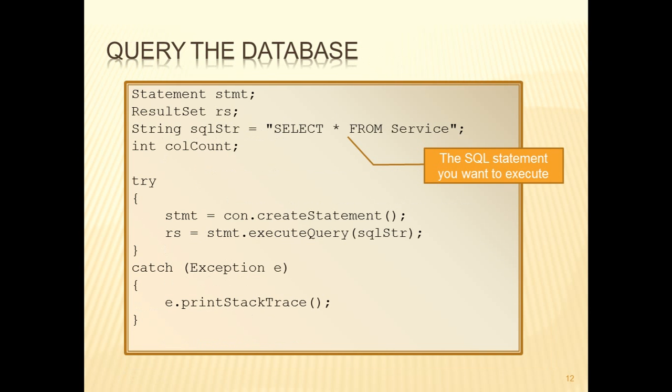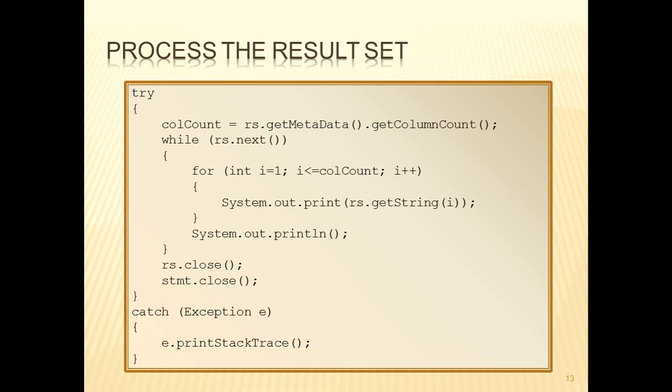Just popping back up one screen, you can see that the SQL statement was select star. So that's going to extract every single column from the table, and we might not know how many there are. So that's quite useful. On the other hand, of course, if we'd said something like select column 1, comma, column 2, comma, column 3 from service, then of course we know that there are 3 columns in the result set, and so we wouldn't have to query the metadata.